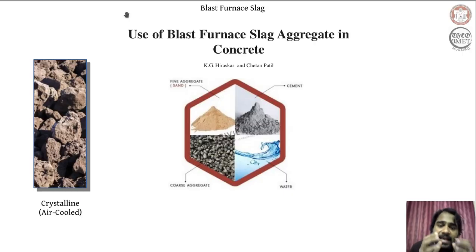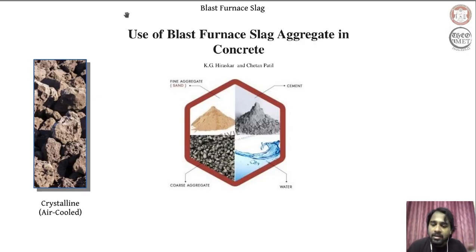Now these aggregates are essentially minerals found on the surface of the earth, and they are purchased for a price. So when I want to fabricate concrete, I need these three components, and one component is equally priced with respect to the other. So if I'm purchasing cement, I also have to purchase aggregate.